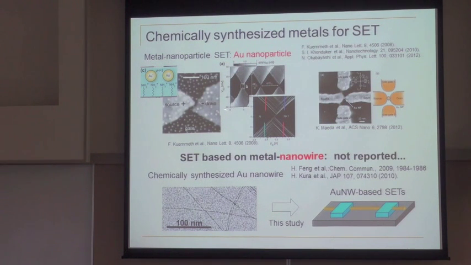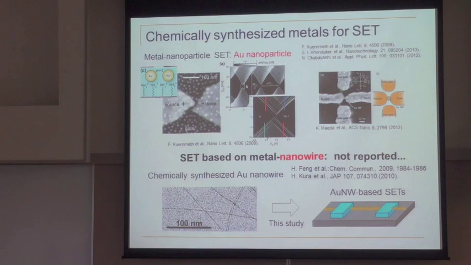This is a result on the SET with gold nanoparticle, and very excellent Coulomb diamonds, discrete levels, and Zeeman splitting were reported, and recently a logic circuit with side gate was reported. However, the SET based on metal nanowire has not been reported so far.